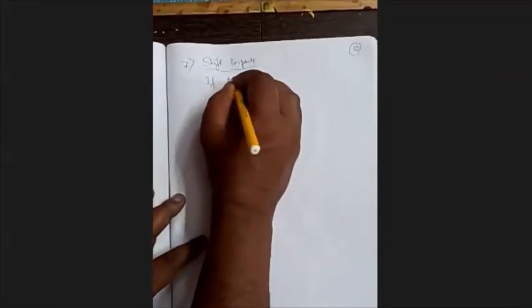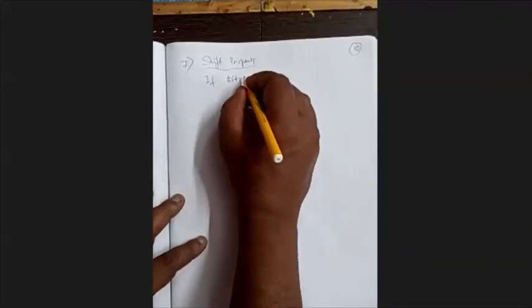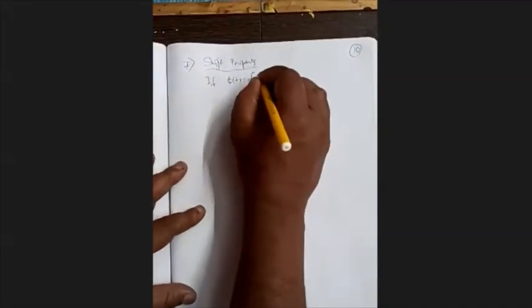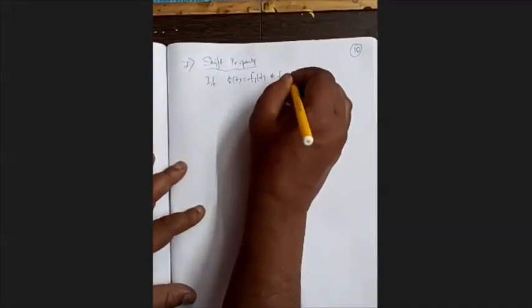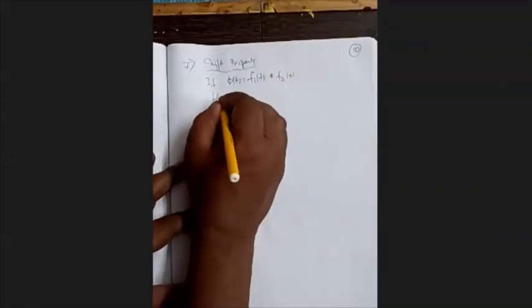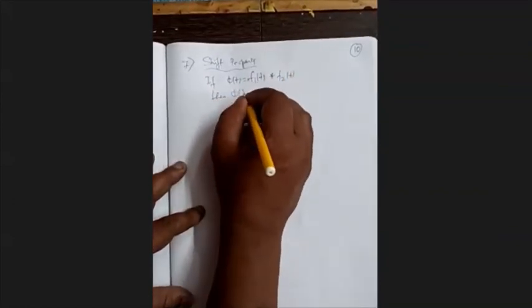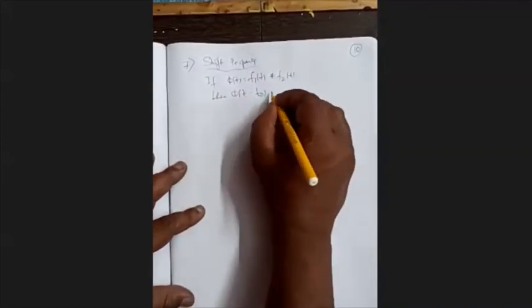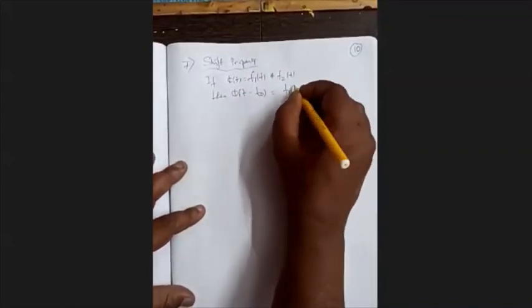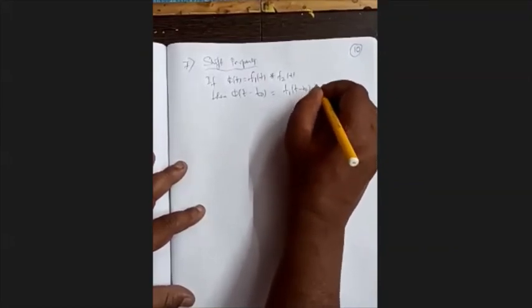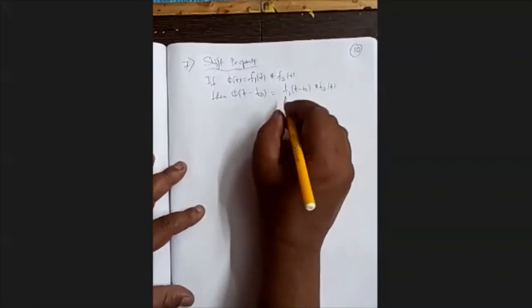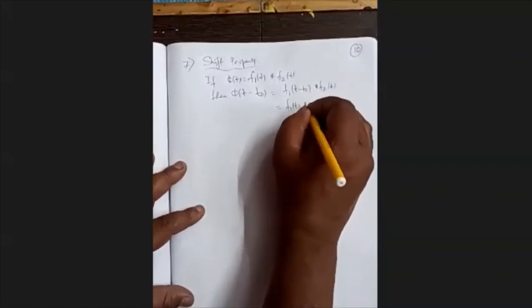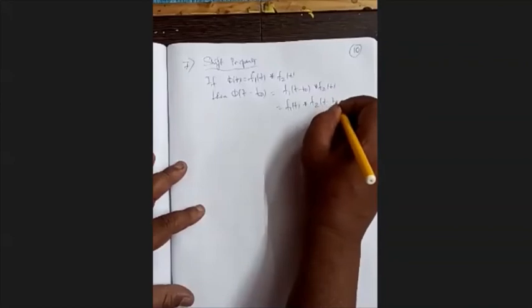If phi t equals f1 t star f2 t, then phi t minus t0, the time shift, is either the convolution of f1 t minus t0 with f2 t, or f1 t convolved with f2 t minus t0.